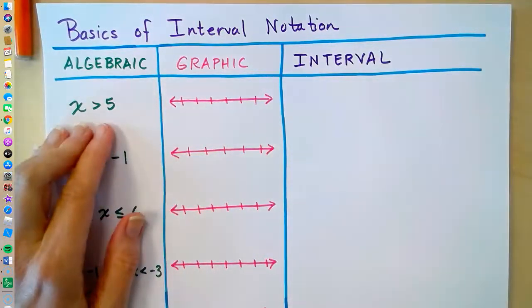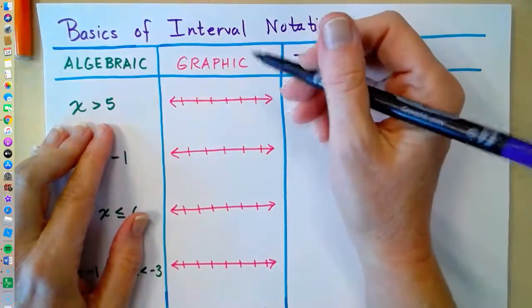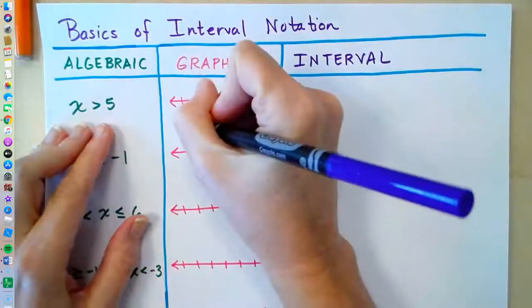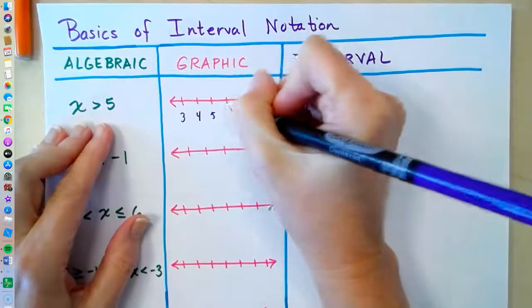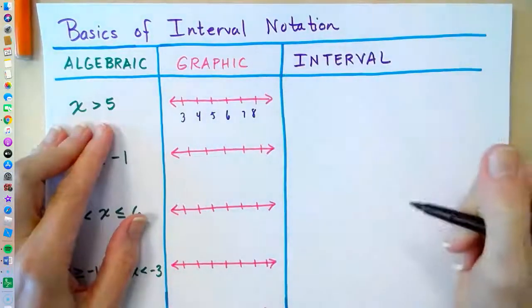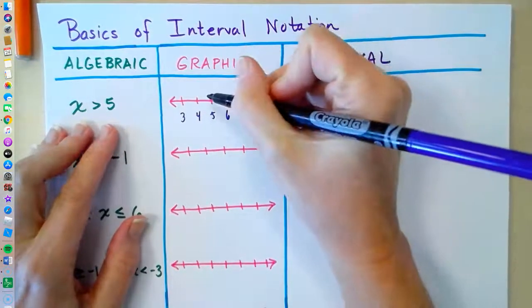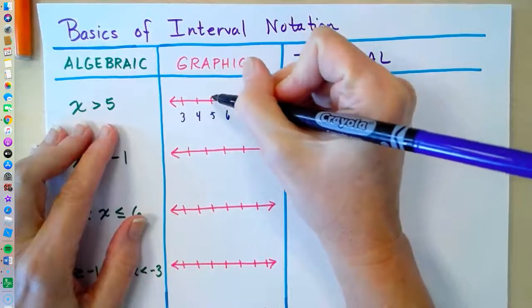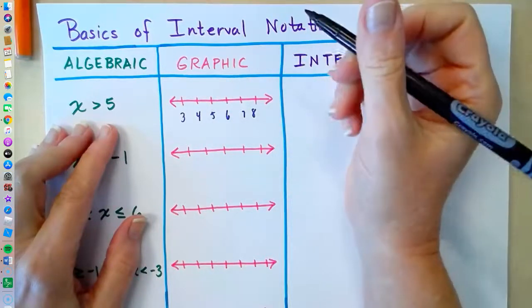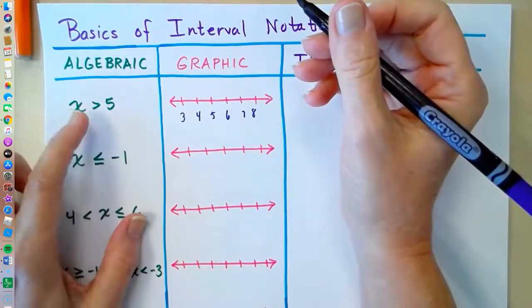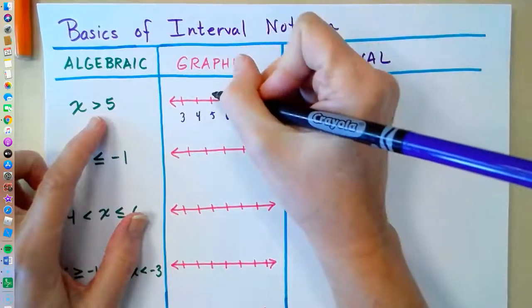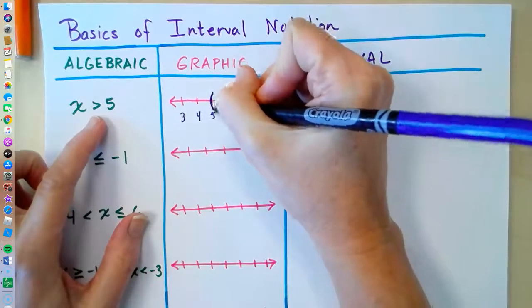So, if x is strictly greater than 5, now normally what we've done, and let me take just a second and number my handy number line here. Normally what we would do is put an open circle on that 5. But instead of an open circle, since it's strictly greater than, I'm going to use a parenthesis.